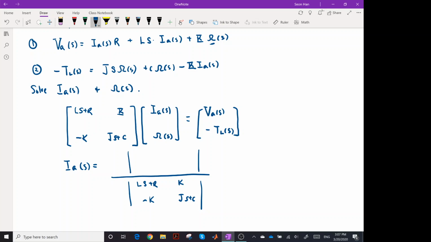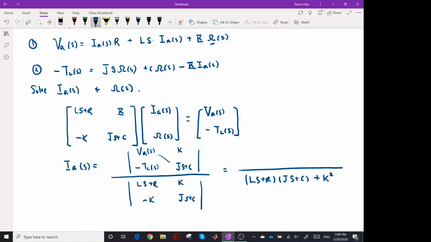On the numerator, the coefficient of I, which is the first column, will be taken out and replaced with the V_A and T_L. So now it becomes LS plus R, JS plus C. That's how you can find the determinant of the 2 by 2 matrix, AD minus BC. Then you have a double negative, so you have plus K squared in the denominator.